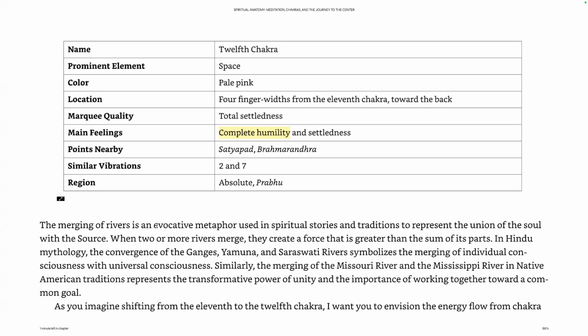Now, still that consciousness has this identity of the I-ness, the ego, we call it. It is limited. It is self-centered. Even in the Turiya state, this aware consciousness is still limited. It is self-centered. But by the time we reach the 12th point, this consciousness becomes universal.